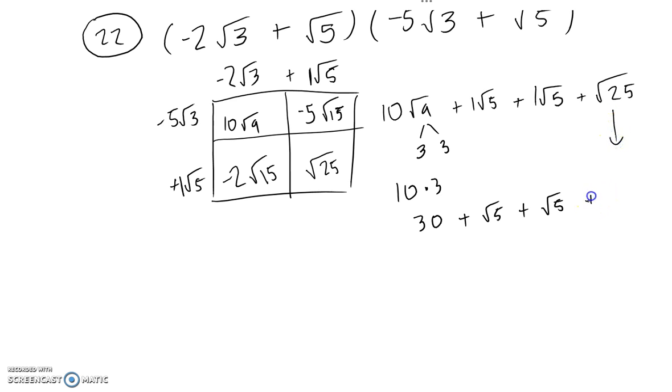I could break that down into 5 times 5, but I do know in my head that the square root of 25 is just 5. Combining like terms, 30 plus 5 is going to be 35. And 1 square root of 5 plus 1 square root of 5 is going to be 2 square root of 5. And we're done.